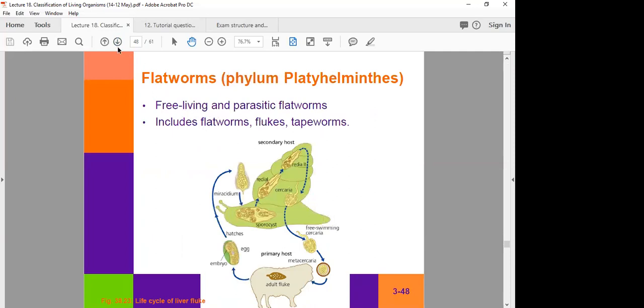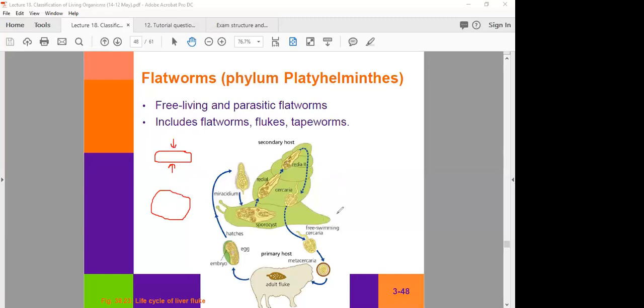And they call them flatworms because if you were to cut one in half and then look at a cross-section of it, they have this flattened appearance, dorsoventral flattening, rather than a circular cross-section.